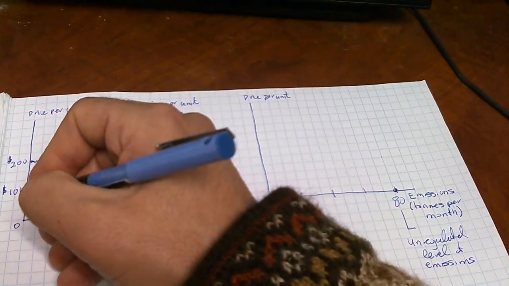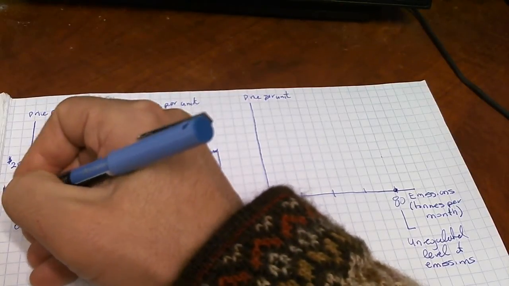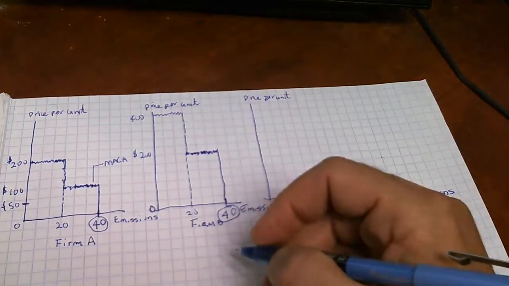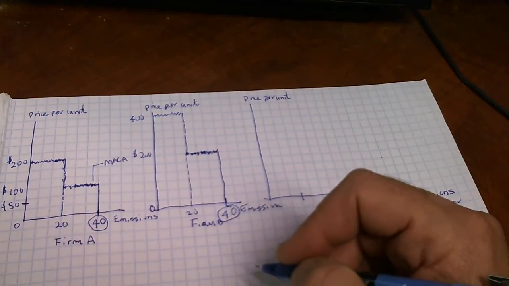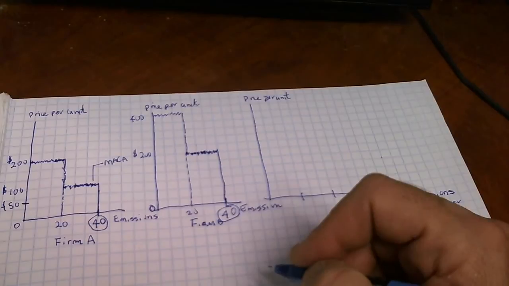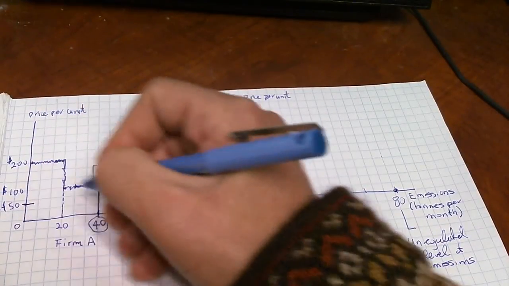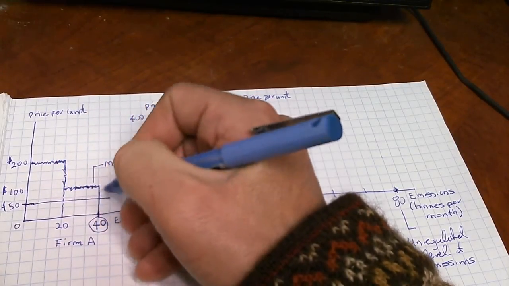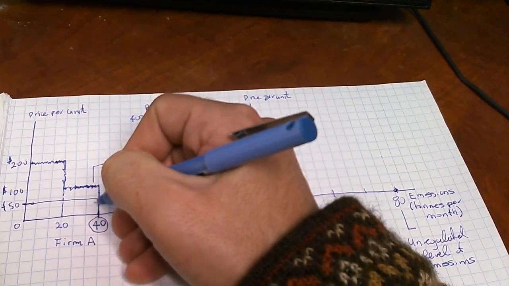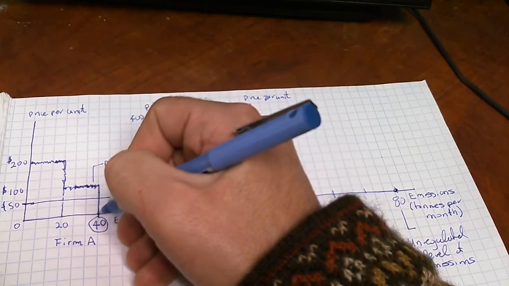So I will pay you, let's say, $50 to reduce emissions by 1 unit. So at $50, this firm says, okay, the government's giving us some money. But if I reduce 1 unit, it's going to cost me $100, and the government's going to give me only $50.